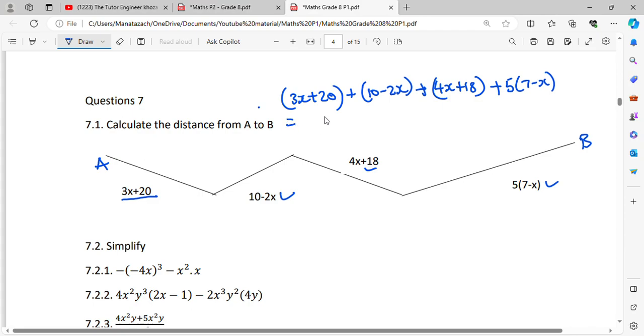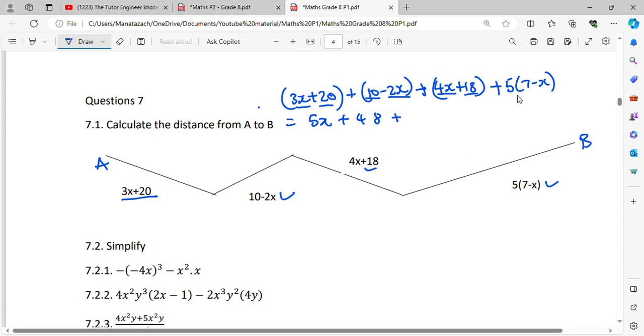So let's just add up. Here you have 3x minus 2x plus 4x, right? So you'll have 5x. And then 20 plus 10 is 30, plus 18 is 48.